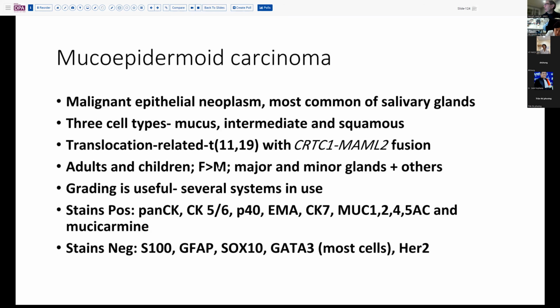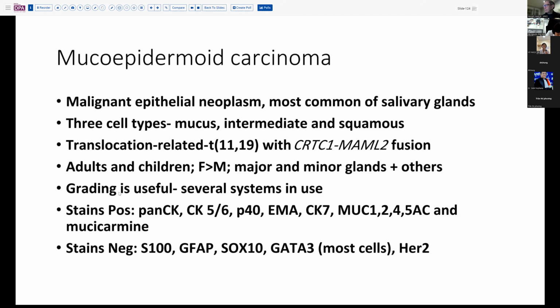Now, this is a translocation-related lesion with a t(11;19) translocation that results in a CRTC1-MAML2 fusion. It occurs in both adults and children, more commonly in women, both in major and minor salivary glands, as well as, of course, other sites like the tracheobronchial tree and so forth.